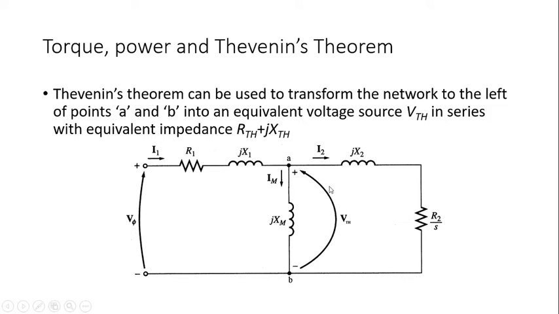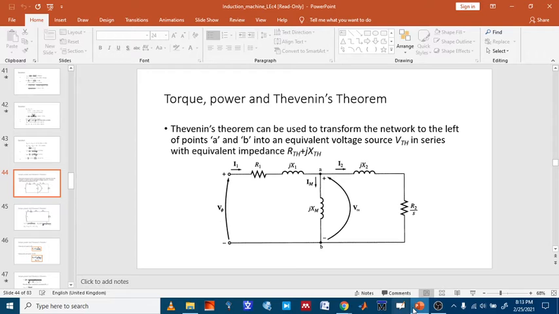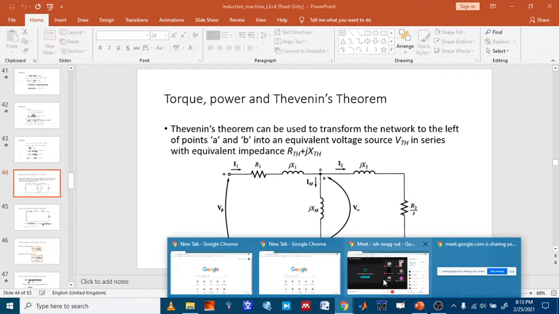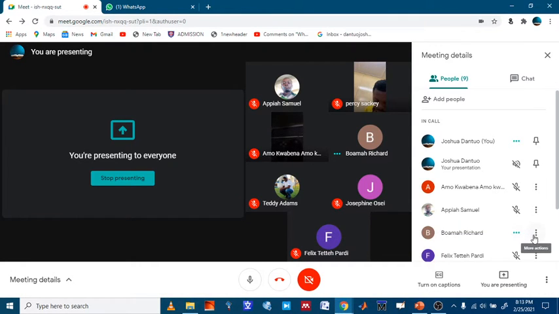Hello, sir. Good evening, sir. Please, if you can ask one of our colleagues to mute his microphone because we are getting feedback from his end. Okay, let me check and see. Let me mute.